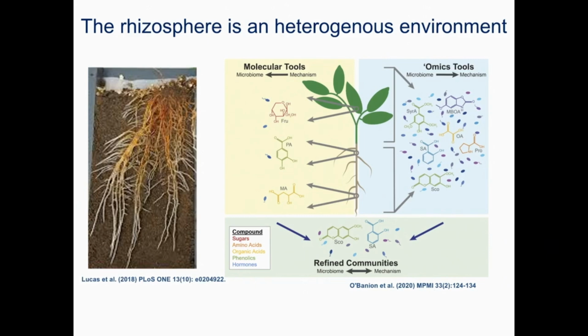Some of these compounds can be utilized by microorganisms that live in the rhizosphere. And these chemicals modulate plant microbe association as well as microbe associations. So the rhizosphere is heterogeneous, not only physically, spatially, but also chemically.